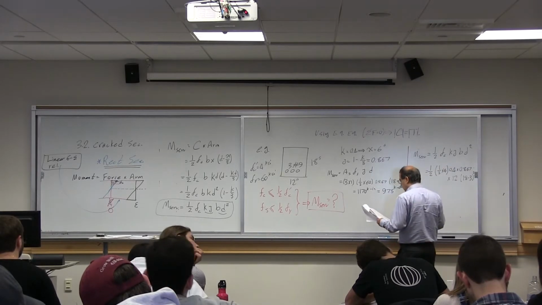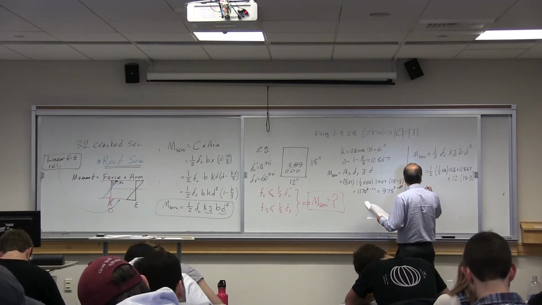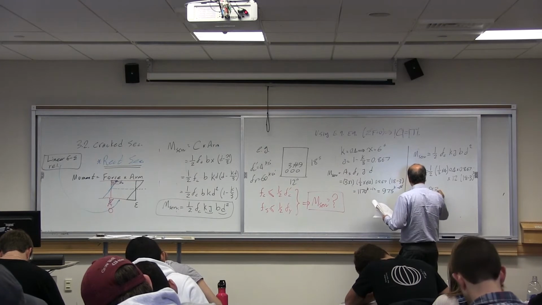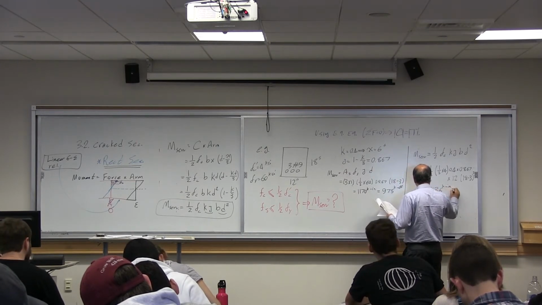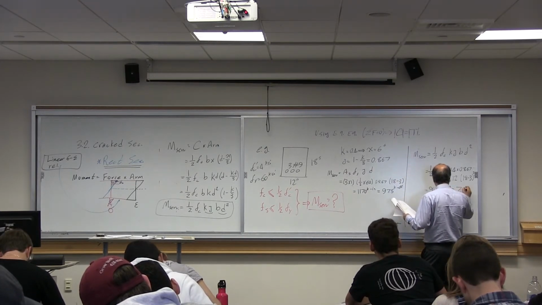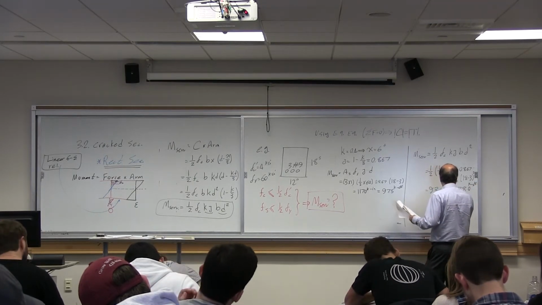If you do this multiplication, you would get 936 cubic inches, which is equal to 78 cubic feet.